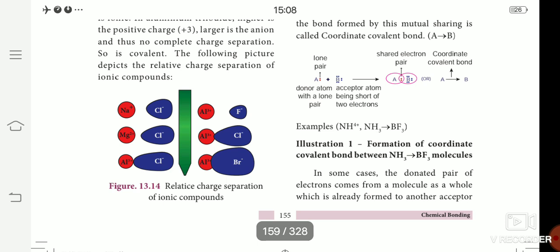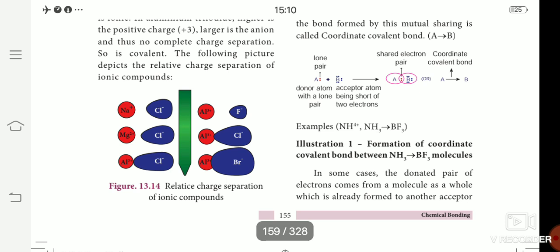Examples are nitrogen, the formation of nitrogen, and methane CH4. First write what is covalent bond, then examples of methane and nitrogen, then what is Fajan's rules and the Fajan's rules diagram.